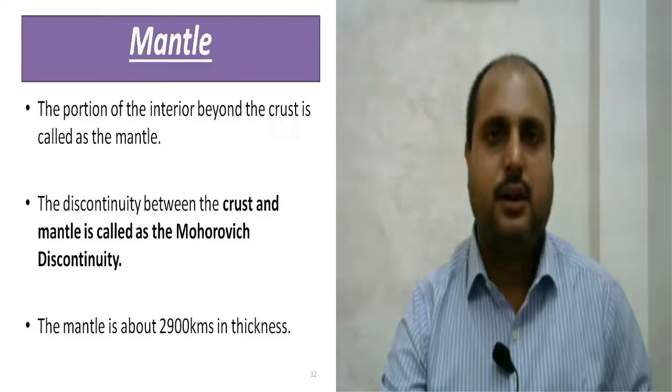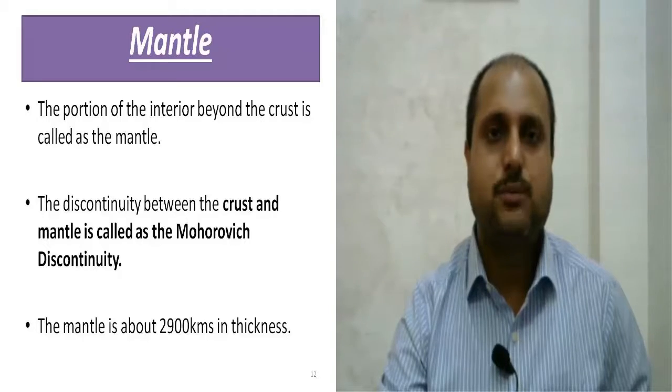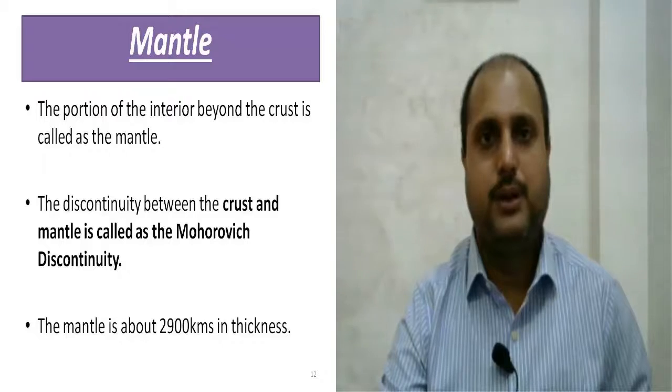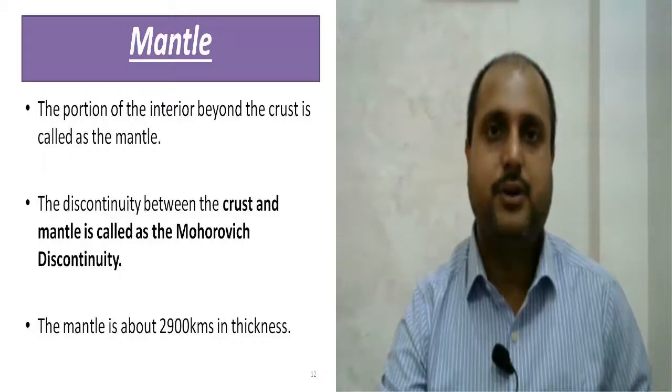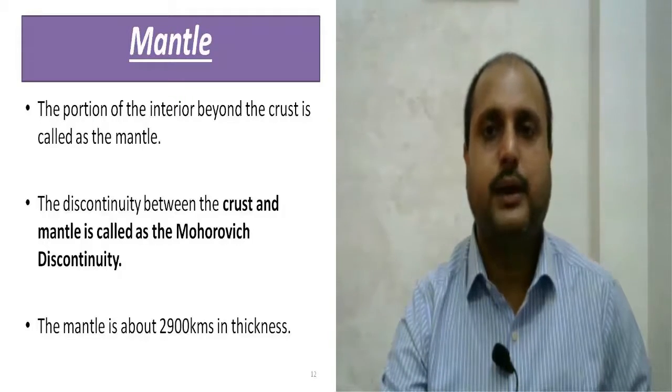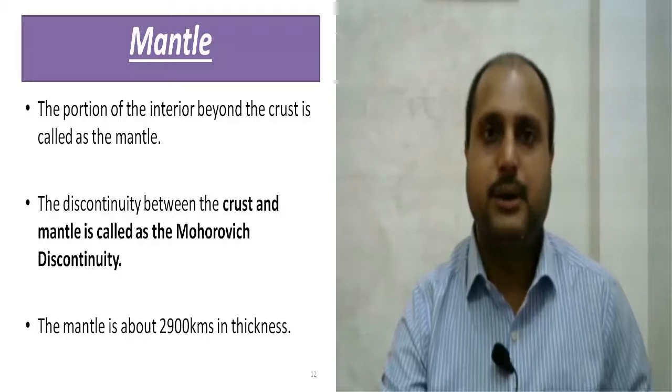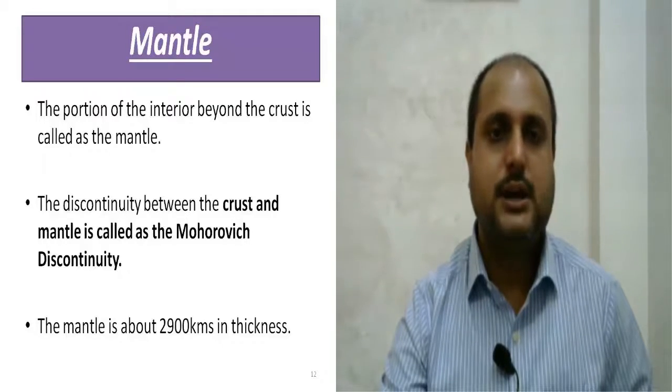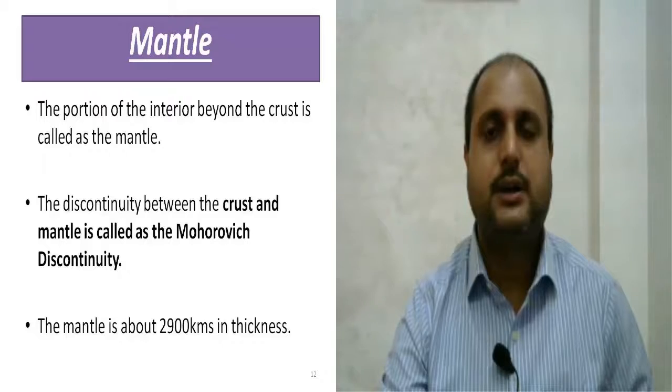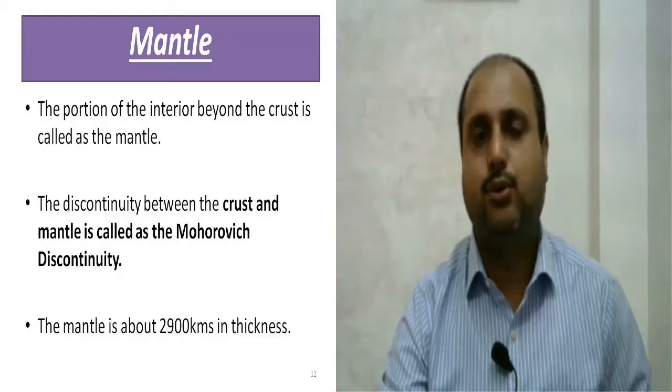So let's move towards the mantle. Now just below the crust there is the mantle. As the crust was in the solid form and it was the thinnest, the mantle is in liquid form. It extends from 100 kilometers up to 2900 kilometers below the crust. So this layer is in a liquid state on which the tectonic plates keep on floating.